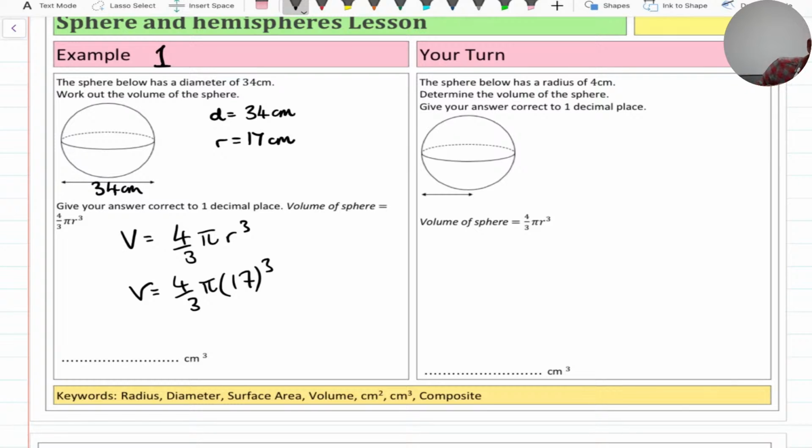Because it's quite a nasty one, I probably wouldn't leave it in terms of pi. It says here, give your answer correct to 1 decimal place, which tells me they don't want it in terms of pi. I'm going to need to get a calculator.